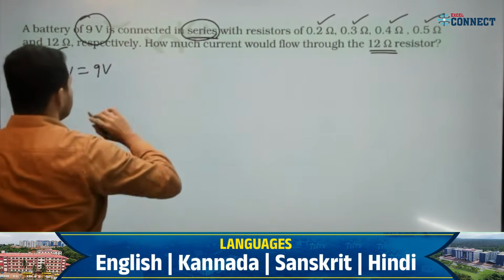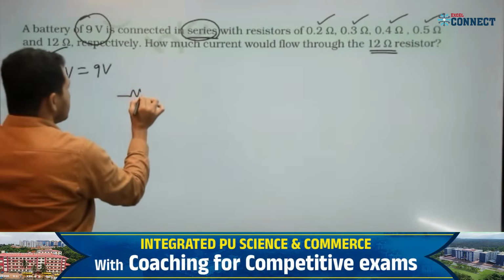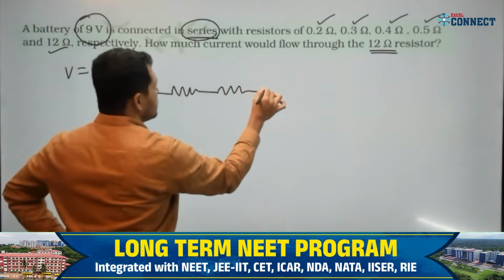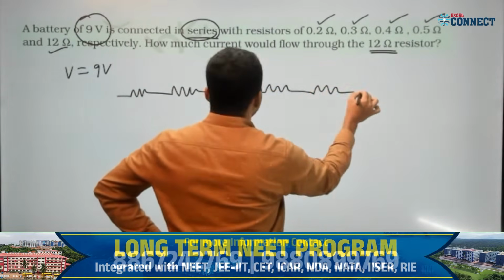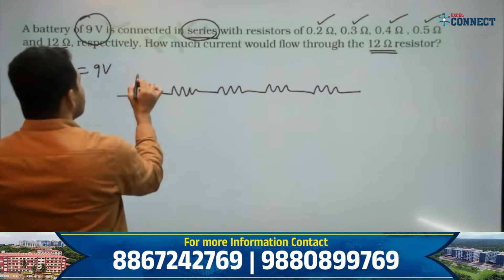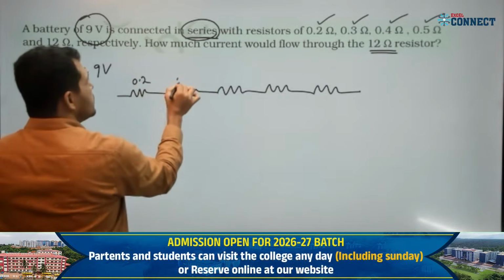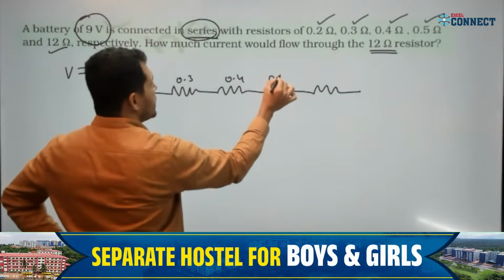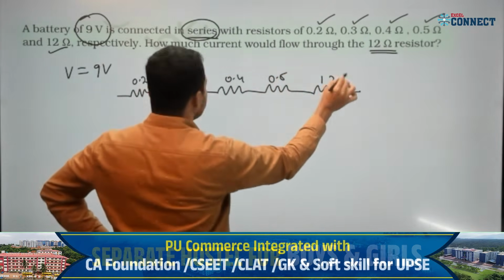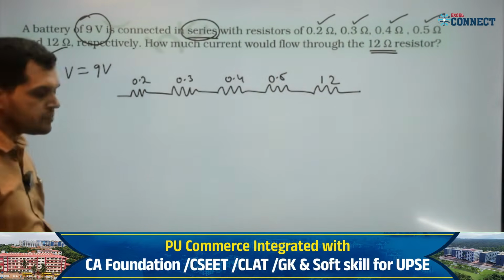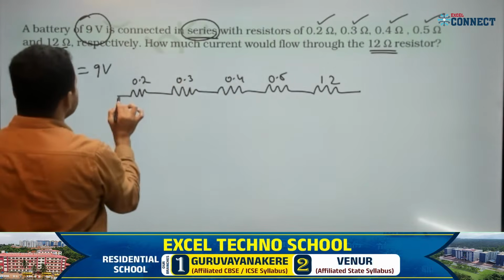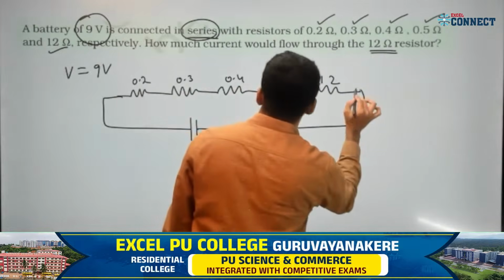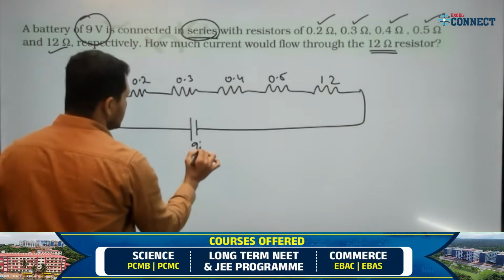All these are in series. First, one resistor, total 5. I will write 0.2 ohm, 0.3 ohm, 0.4 ohm, 0.5 ohm, and this is 12 ohm. This is in series with a battery of voltage 9 volts.